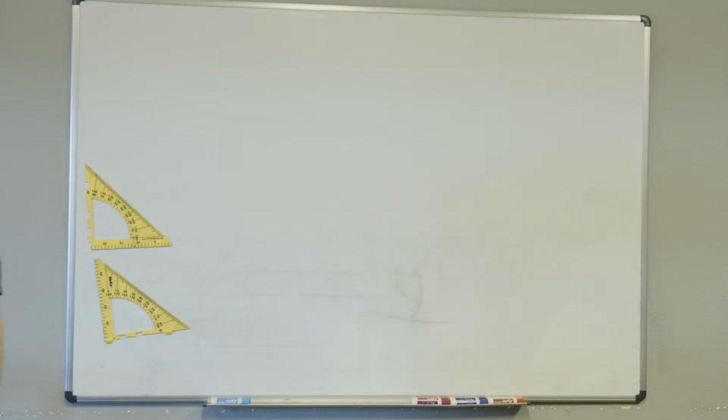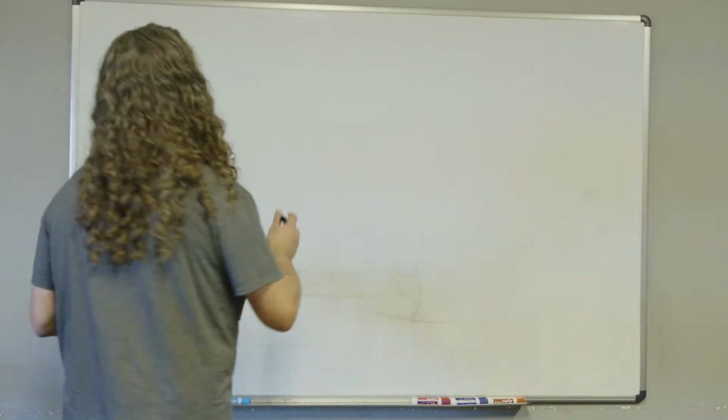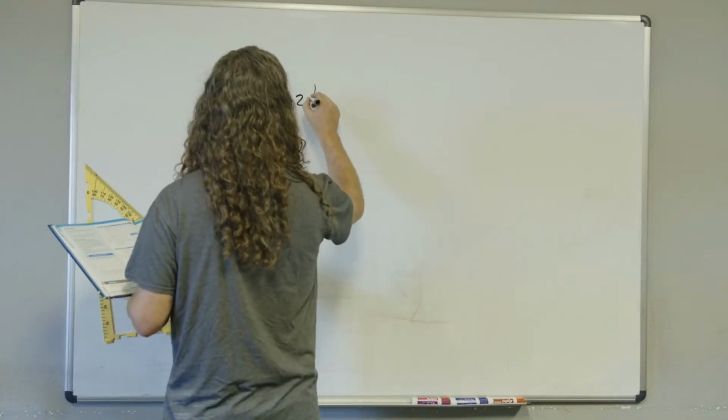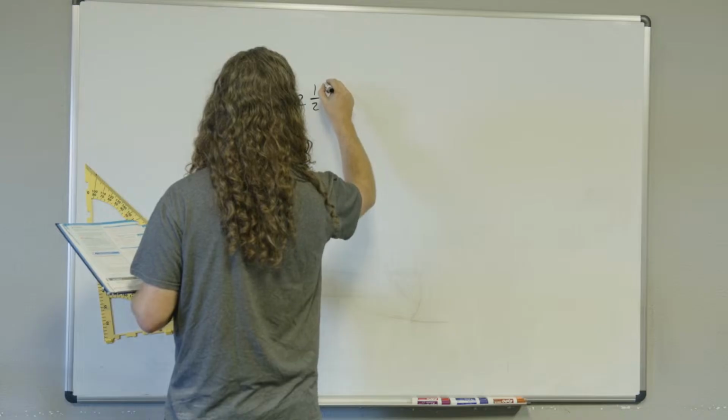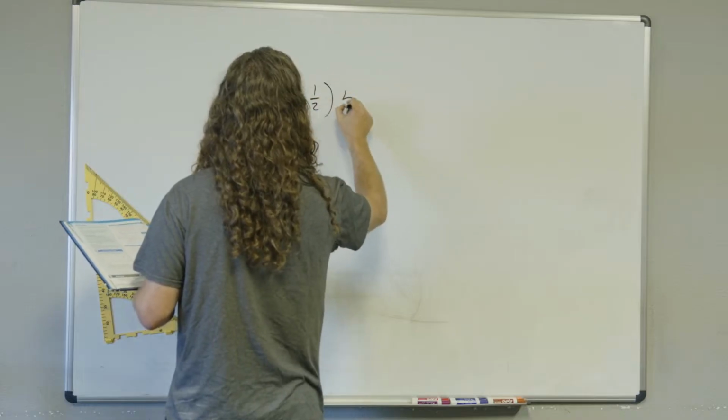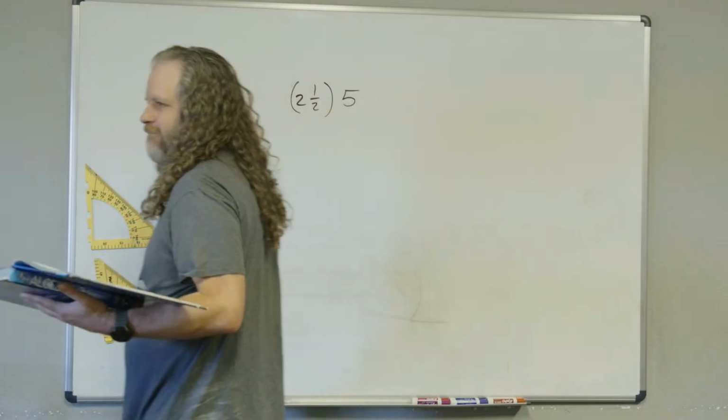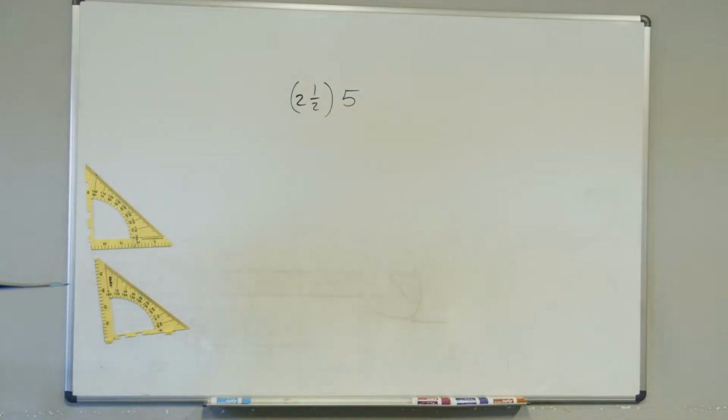So what do we do? Multiply the 2.5 times 5. Great, let's start there. 2.5 times 5. And then 1 1/4 times 3.